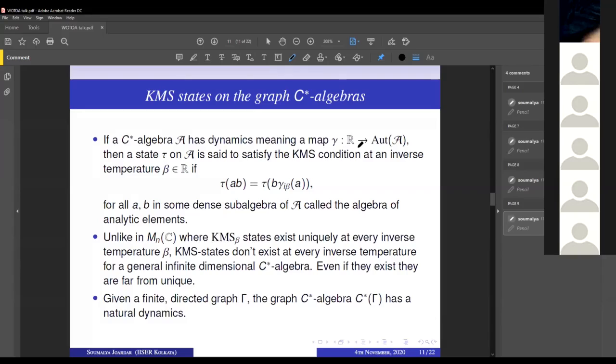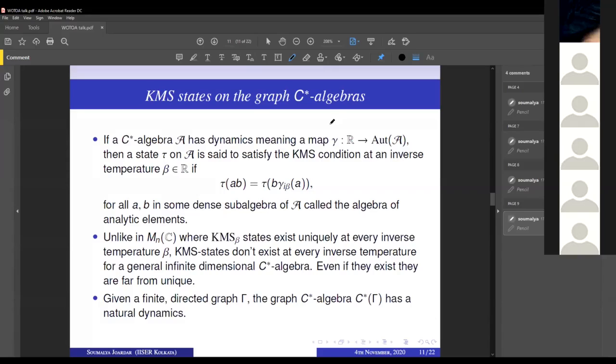This is a map gamma from R to Aut(A), where A is a unital C*-algebra. This we call the dynamics, meaning that the C*-algebra admits a dynamics, let's say. So provided that a C*-algebra comes with a dynamics, a state on that C*-algebra is said to satisfy the KMS condition at an inverse temperature beta.